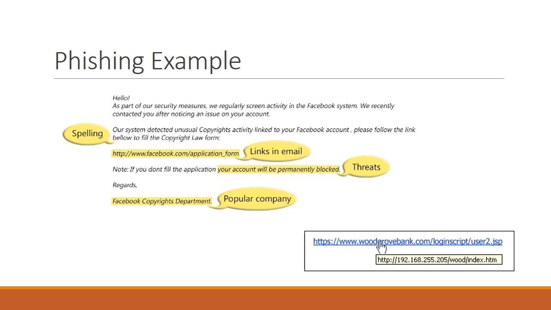So in this case, this link is going to www.woodgrovebank.com. However, if you hover over the top, you will see that the actual link goes to something completely different. It goes to an IP address.